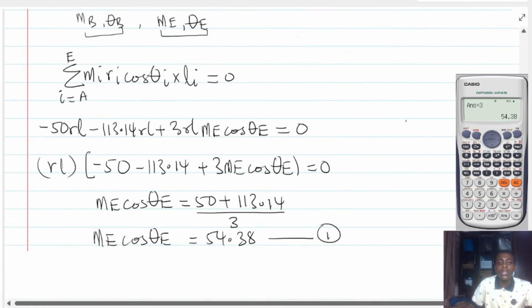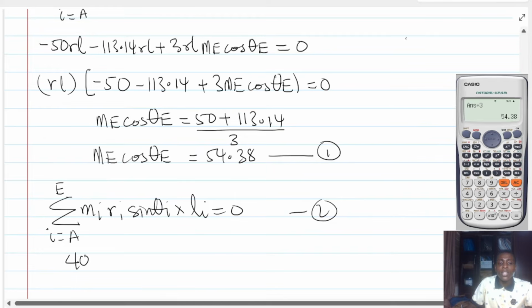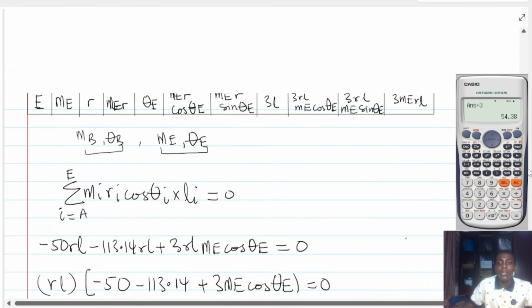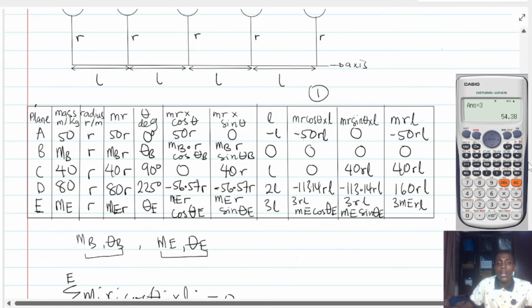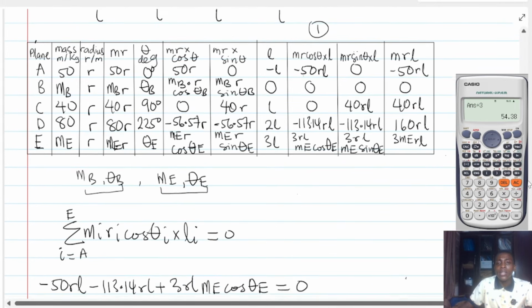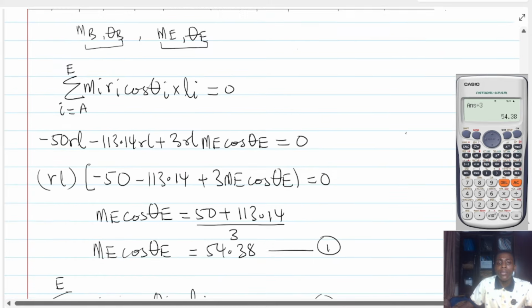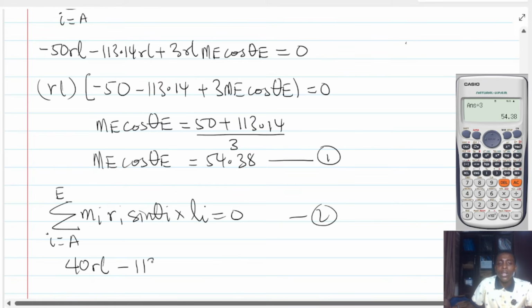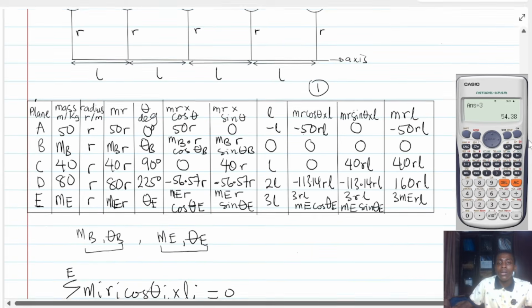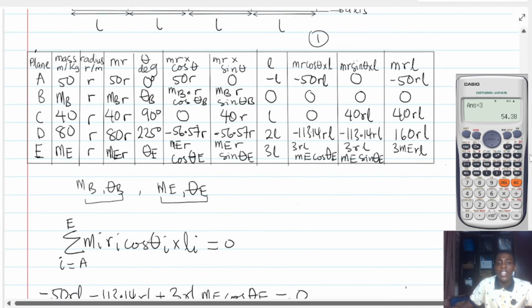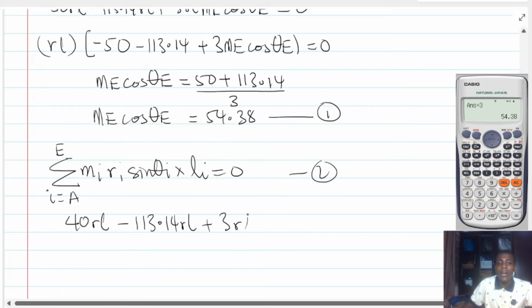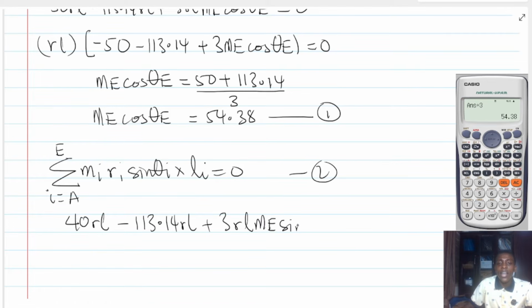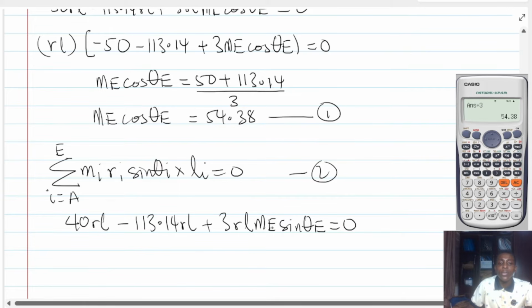So I'm going to get 40 RL and then minus 113.14 RL, minus 113.14 RL, then plus 3 RL ME sin theta E should be 0.